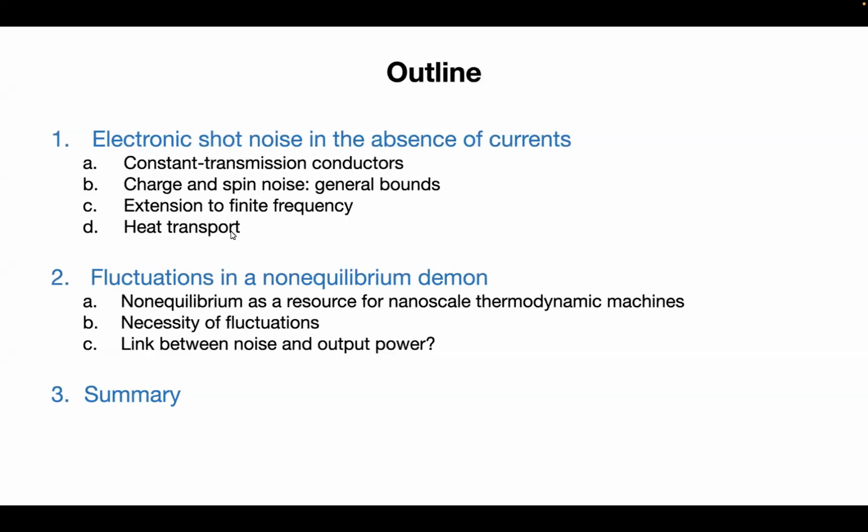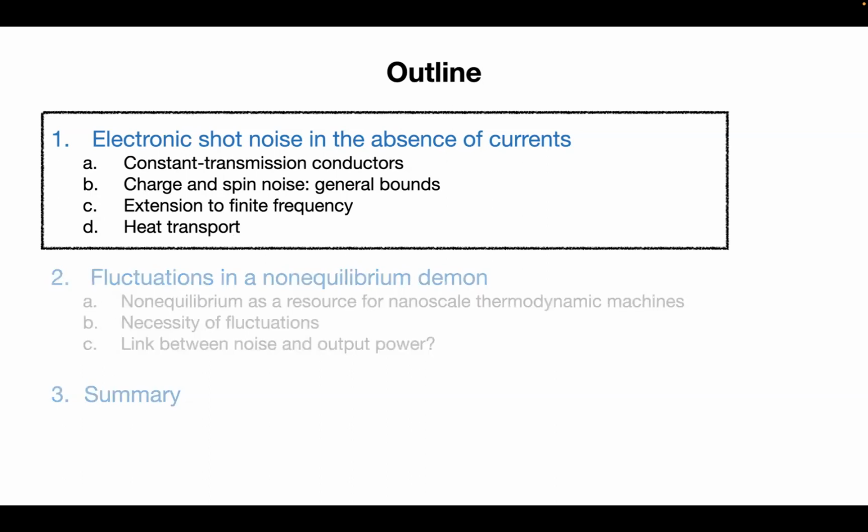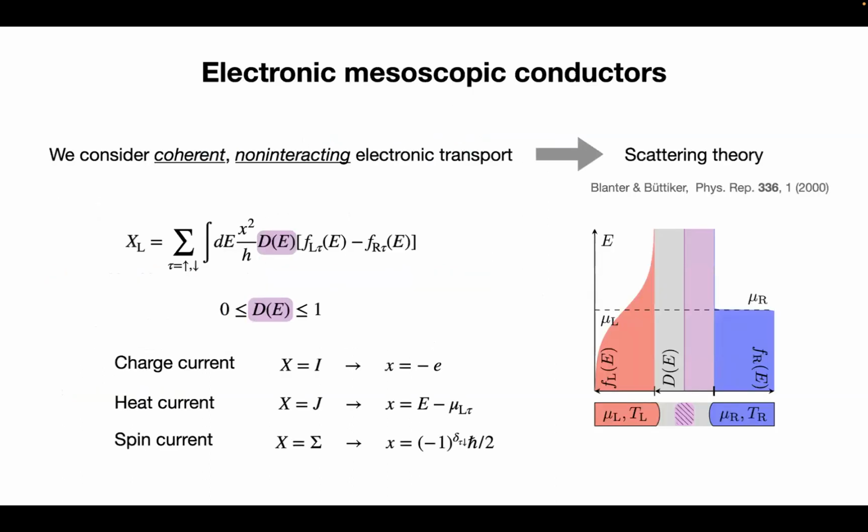In the second part, I will come back to the system I was showing before, with this non-equilibrium system working as a kind of daemon, and try to also study the role of fluctuations there. The second part is still work in progress. We have a first block of results, which I'm going to show, and we are still in the process of figuring out further things. Okay, good. So let's start.